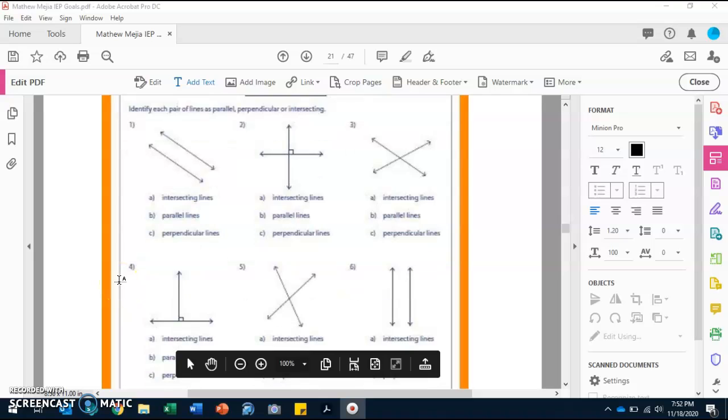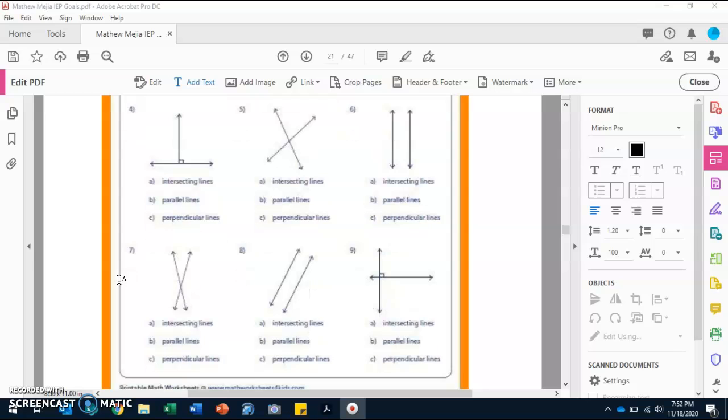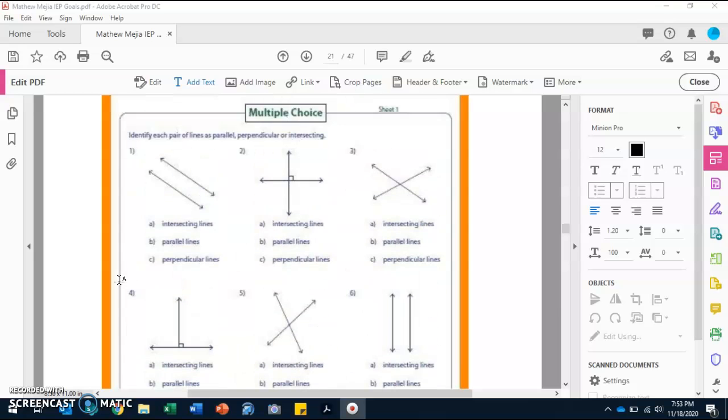So now, Matthew, you will work on the rest on your own. If you have any questions or have any troubles with any of the worksheets, let me know. I am here to help, or you can let Mr. Salinas know as well. I will be putting all of these worksheets in the bottom, just in case you don't have them.